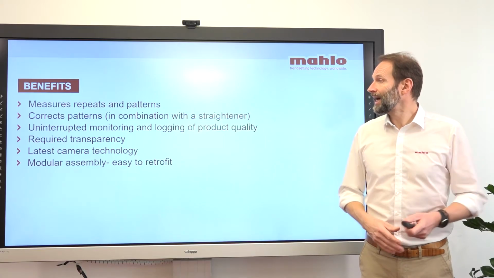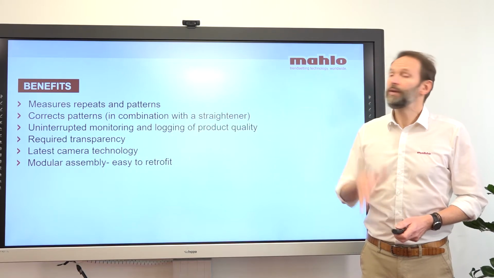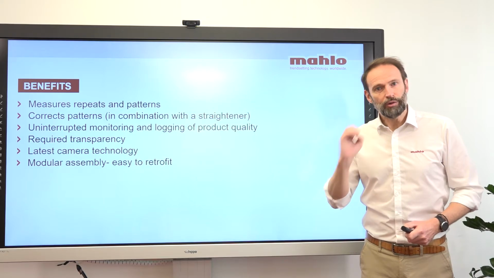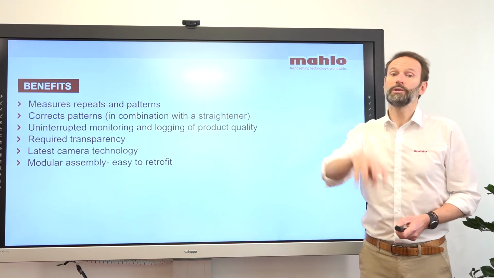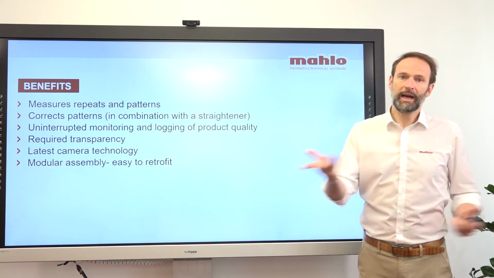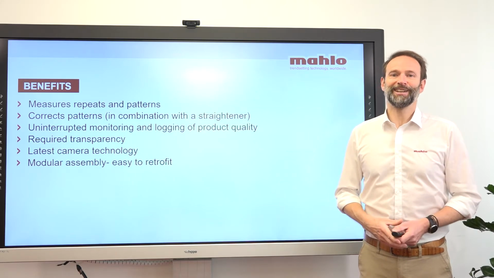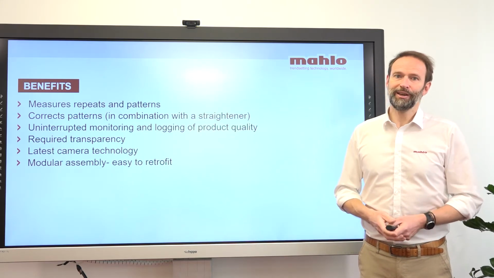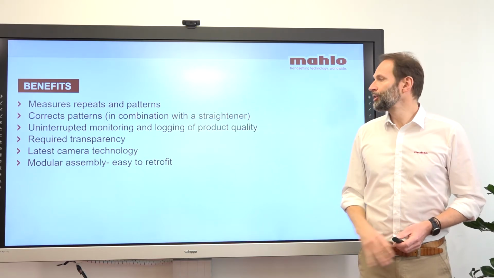It gives you an uninterrupted monitoring and logging of the product quality, which is very important for your internal process, because only if you know what is going on, you have the possibility to make things better. And this is what we want to do. Life is constant improvement, and only if you improve your production continuously, you can get better and better and better and finally win the show.